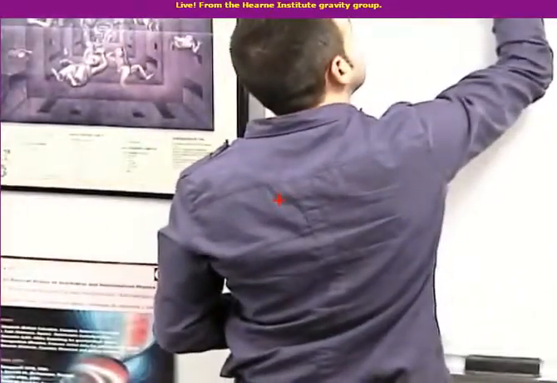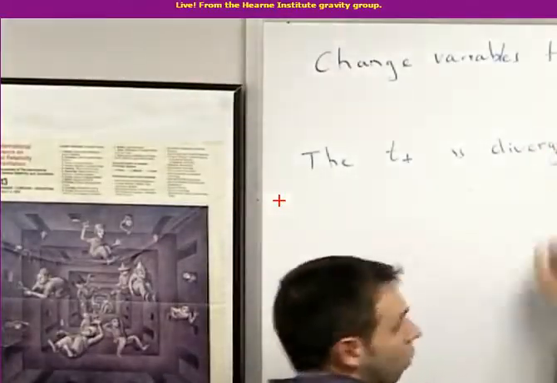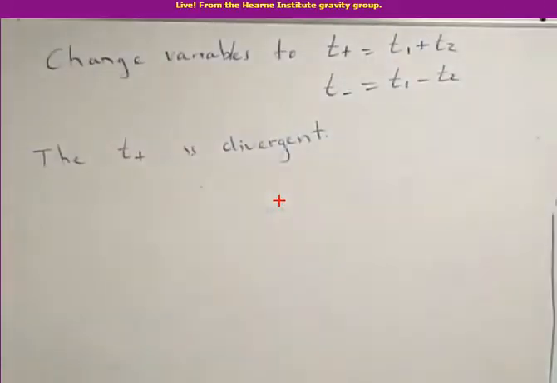The integral in t plus is divergent because nothing depends on t plus. So we have an integral from minus infinity to plus infinity of a constant that diverges.